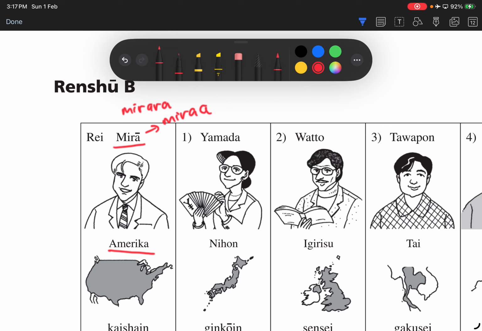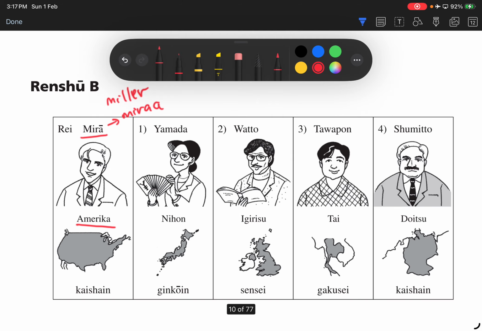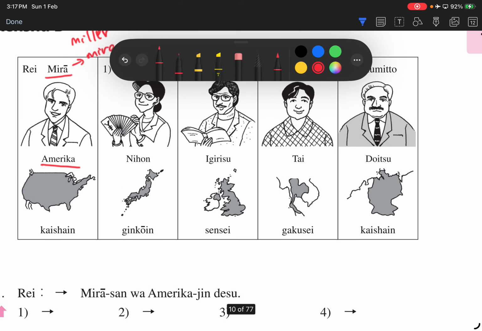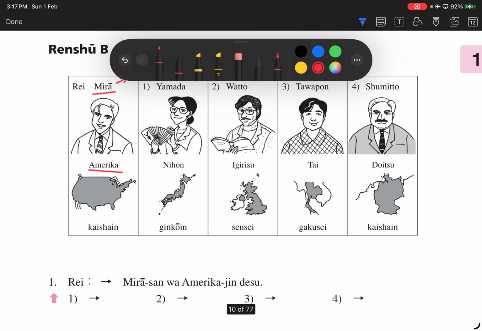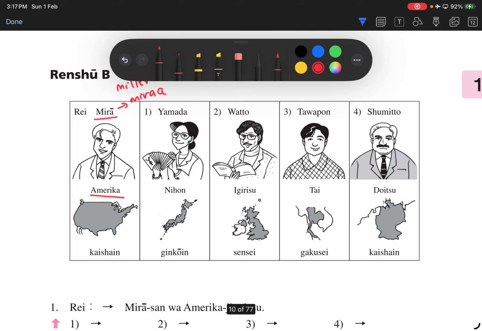Not Mirara. Why is it Mira? Because his name is Miller. Miller is a long sound, so this one is Mira. If it's just Mira, it's like some Muslim name already. So when we put it together, Mira-san wa America-jin desu.